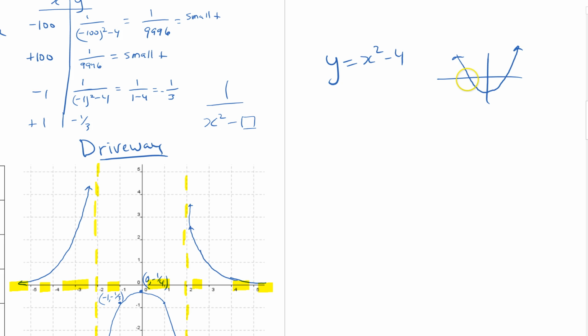Okay, wherever we get these zeros, when we do y is equal to 1 over x squared minus 4, those two places, minus 2 and plus 2, become our asymptotes, and you'll see all these values are negative, so although it's a reciprocal, they still stay negative, and that's why we get this shape here. And all these values are positive, so that's why we get this shape that's positive, and these values are positive.